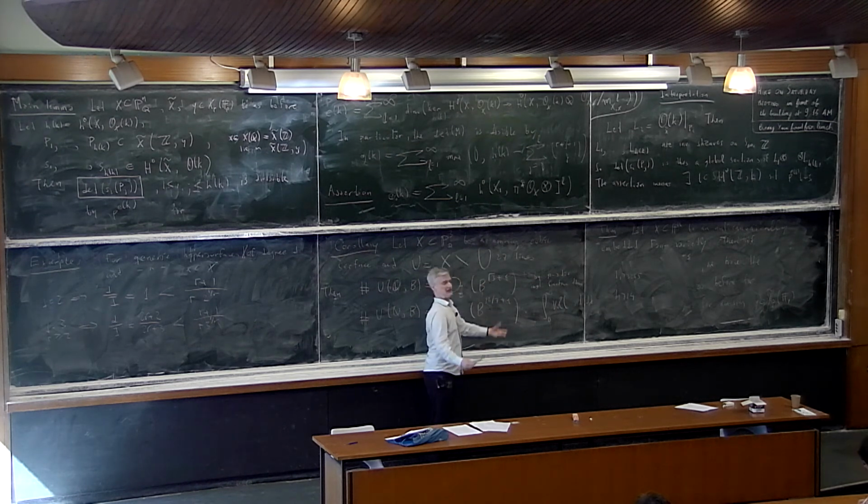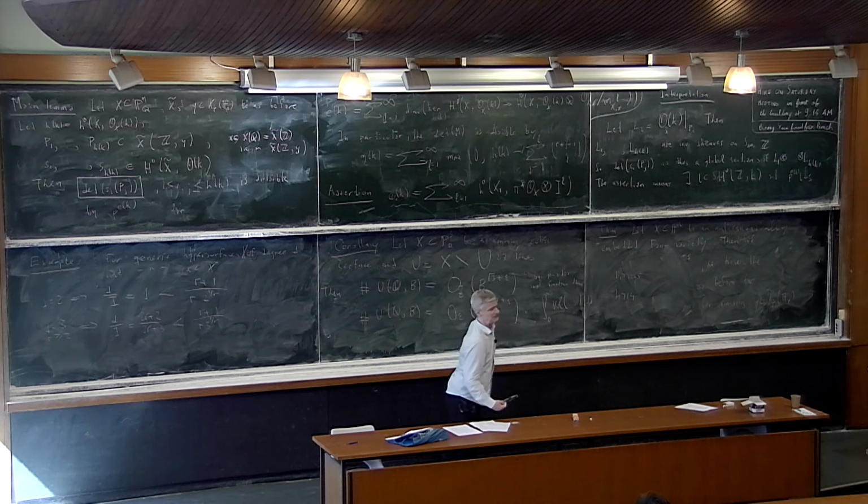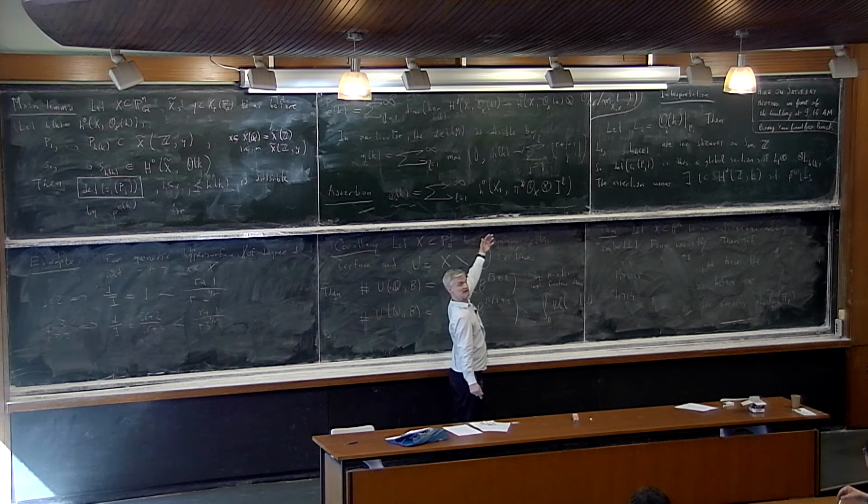So there are other ingredients which are deeper than anything I have explained here. There is something called the global determinant method that I use at all p at the same time. This is much more awkward because here you can just divide everything into p-adic boxes, but if you look at all p's at the same time, there is no such division. So I use a deeper version of the determinant method than I have explained in these talks.